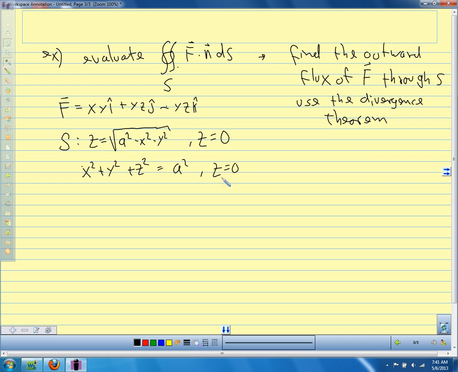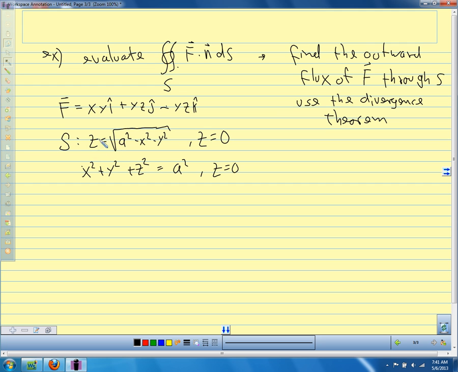We'd have to do one flux integral through the bottom, through z equals 0, where our outward unit normal vector is negative k hat. And we'd have to evaluate the flux integral through the upper portion, because our outward unit normal vector is different on that portion.